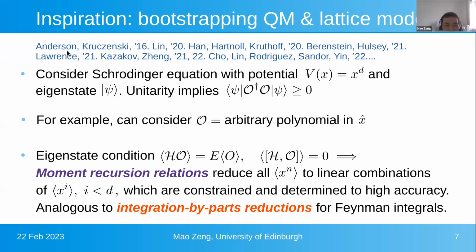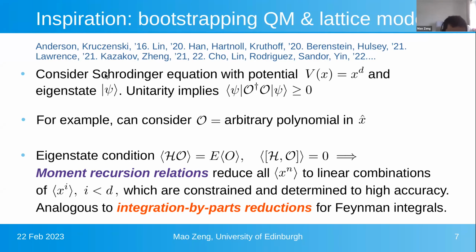So for any of the energy eigenstates, unitarity implies that if you insert any operator O and then an O dagger, you expect this expectation value to be greater than or equal to 0. For example, you could consider this operator as an arbitrary polynomial in the position as well as momentum variables.